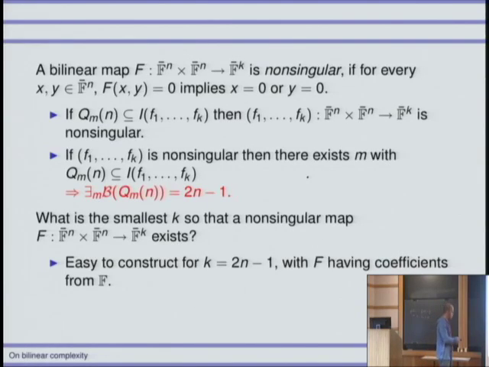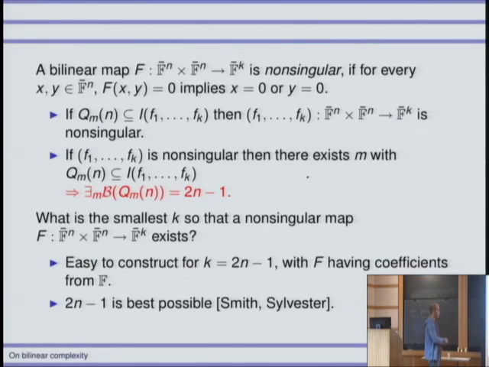And in a more sophisticated manner, you can show that 2n minus 1 is actually the best possible answer you can get in this case, which then implies the lower bound from the theorem.